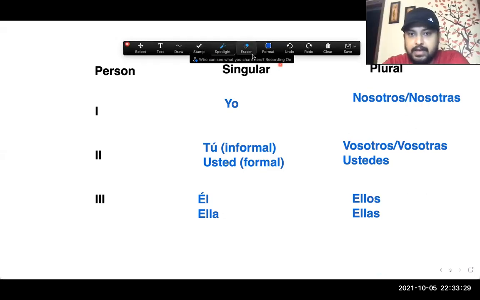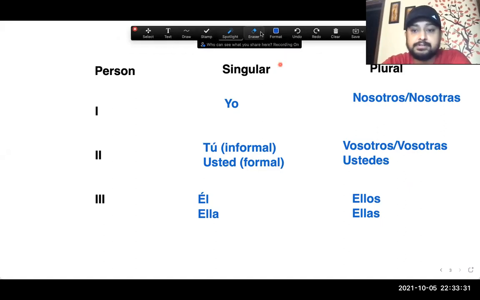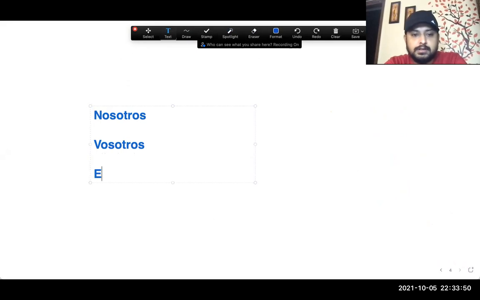Now we have already studied the different persons. Now we will have a look at the difference between nosotros, nosotras, vosotros, vosotras, ellos, ellas. Why are there two words for they, you all, or we? Let's have a look. So, nosotros, vosotros, ellos.